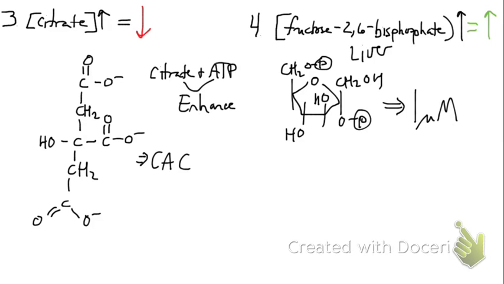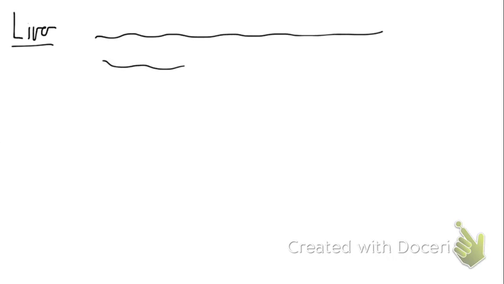So, how is this fructose 2,6 bisphosphate made? What happens is in the liver. So let's take a look at the liver. In your liver, in the cell membrane, there are two different types of membrane-bound proteins.